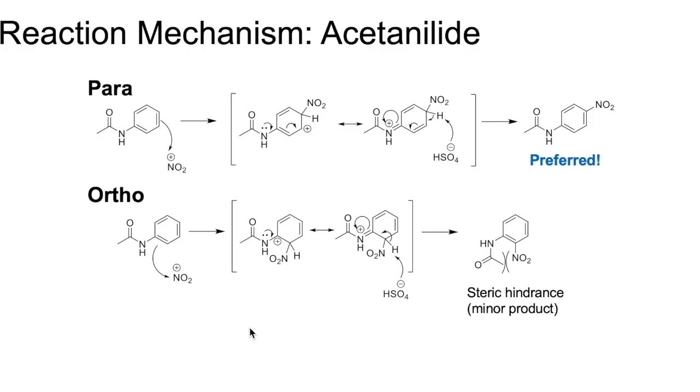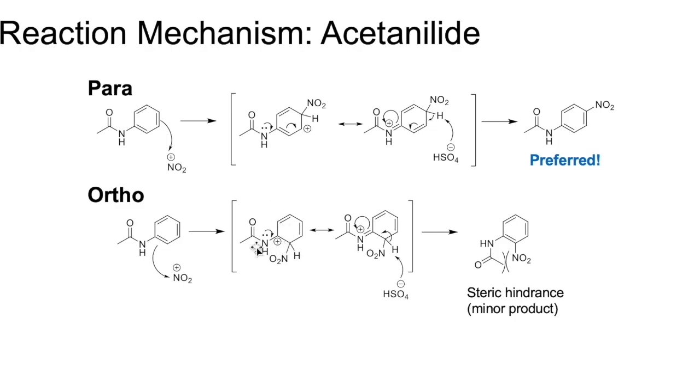As you can see, acetanilide has an amide group, which is an electron donating group. So we know that it's going to be a para or ortho directing group. When the electrophile is added to the ortho or para of the amide group, the lone pair on the nitrogen can be donated to the positive charge generated on the adjacent atom to stabilize the intermediate.